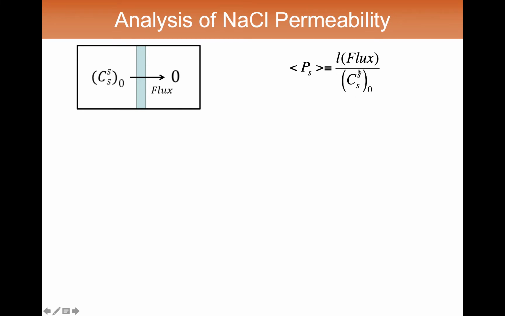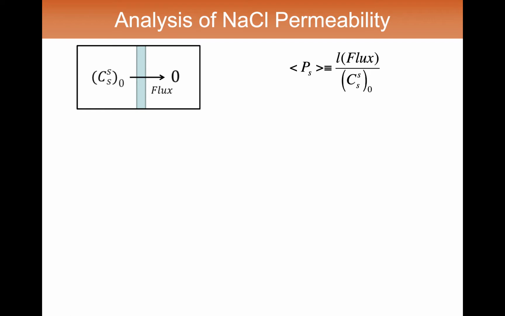I've switched nomenclature here a little bit because this is going to be the nomenclature now that ties us back to the nomenclature we were using earlier in the ion sorption studies, where CSS is the concentration of salt in the solution, in this case in the donor cell of that experiment.